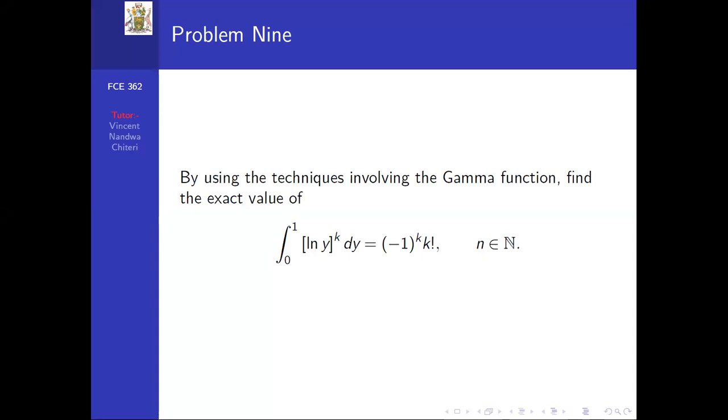So we need to use techniques of the gamma function to show that the given integral is negative 1 raised to the power k times k factorial. So let's check the solution.